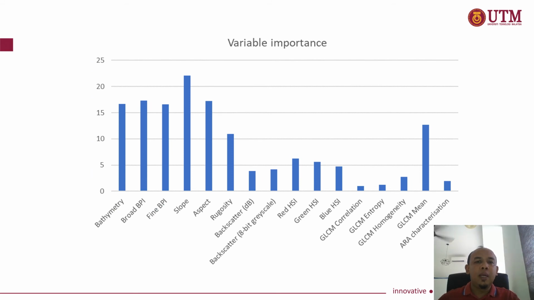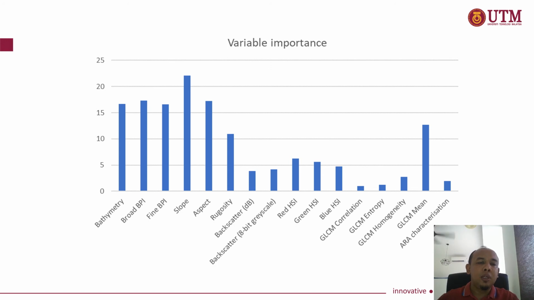And using the random forest, we can also produce the relative importance of each variable we use. We use the bathymetry and also the backscatter. We create secondary variables, or secondary derivatives, and all of these derivatives are input to the machine learning.